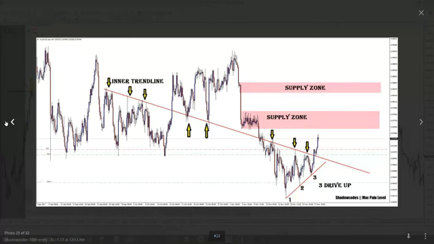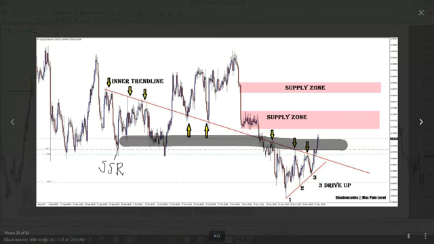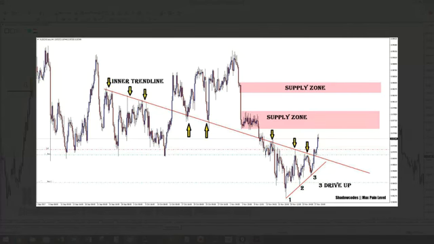Okay, this is also SSR. You got a support here. This is also, oh, it's really big.